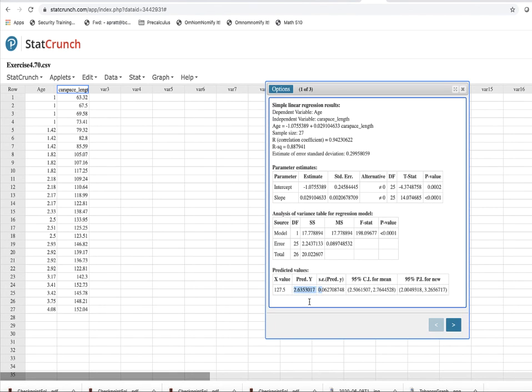The only reason that's a little different from what I got is StatCrunch is not rounding, so it is using every digit. If you're doing this in WebAssign, the programming may or may not accept the answer. So if you're not getting the right answer, you might have to do it by hand. But that is a way that you can get this predicted Y.